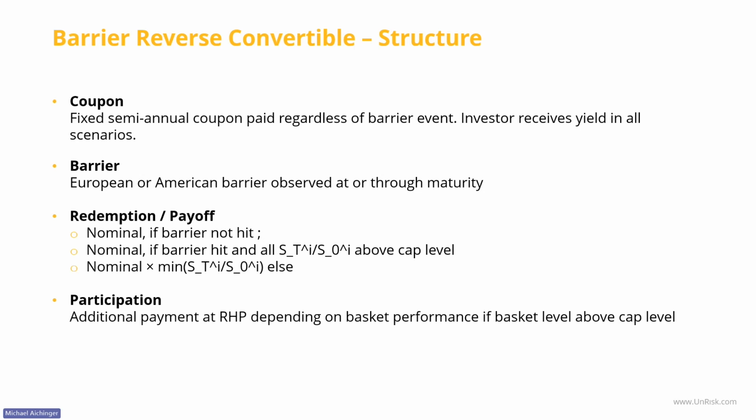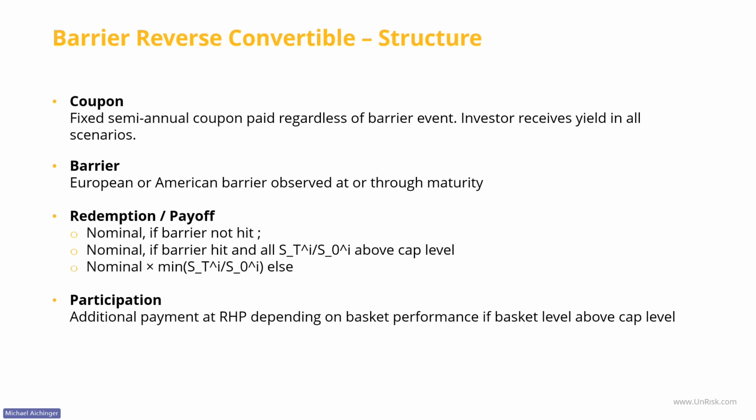One receives the nominal if the barrier is not hit. One receives the nominal if the barrier is hit, but all of the underlying equities are above a certain cap level. And one receives the nominal times the worst case ratio in the else case. And additionally, the product yields what we call participation.